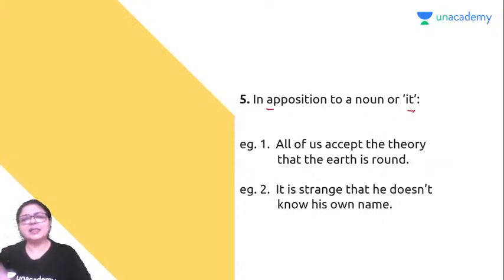All of us accept the theory that the earth is round. Yes, yesterday we did accept and except. So now it's very clear to all of us what the difference is between accept and except. It is strange that he doesn't know his own name.